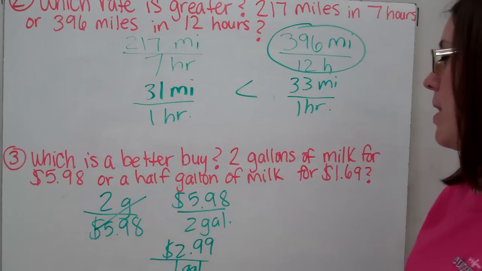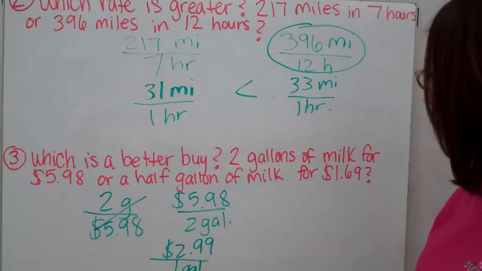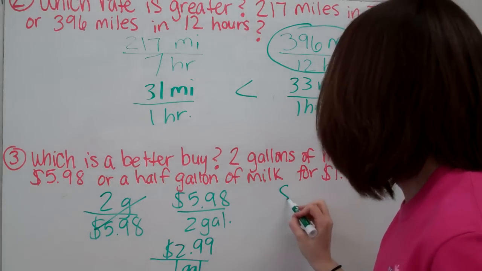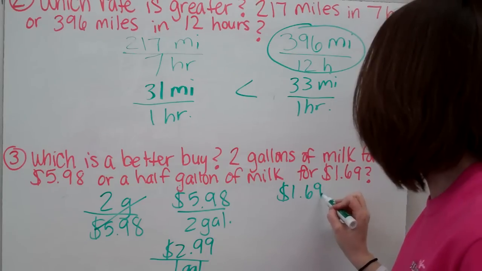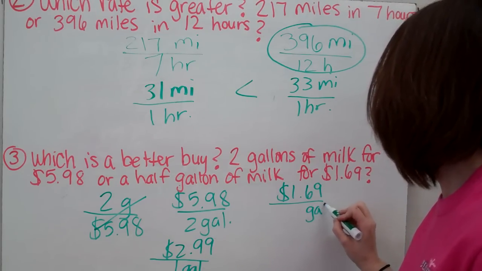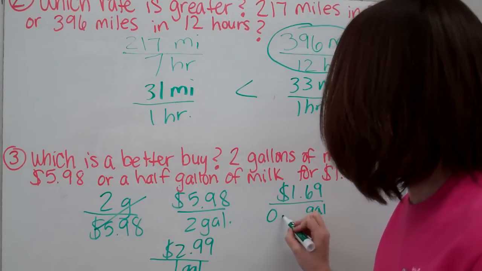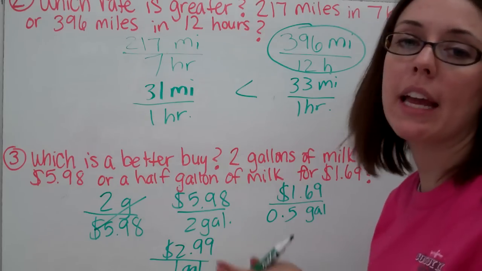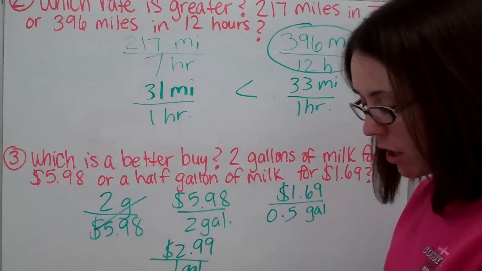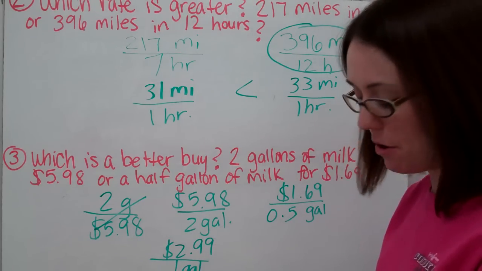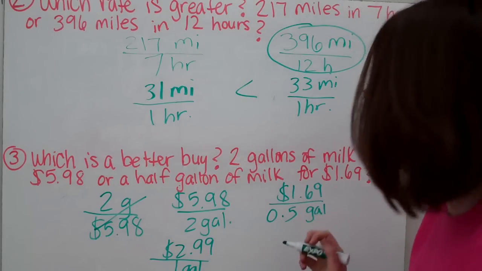Now let's do the other one. You get half a gallon of milk for $1.69. So $1.69 for half a gallon. How do I write half a gallon? You may write 1/2 or you may write 0.5. They both mean 1/2 a gallon. So divide 1.69, our numerator, divided by 0.5.